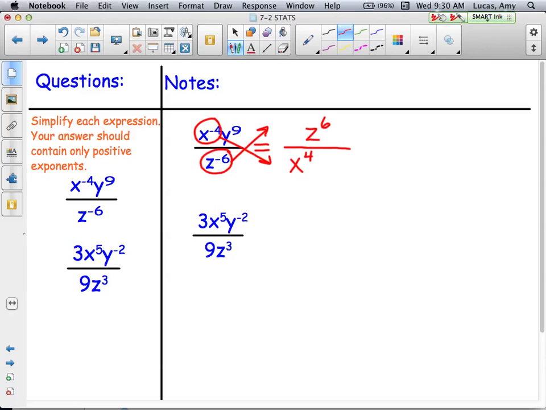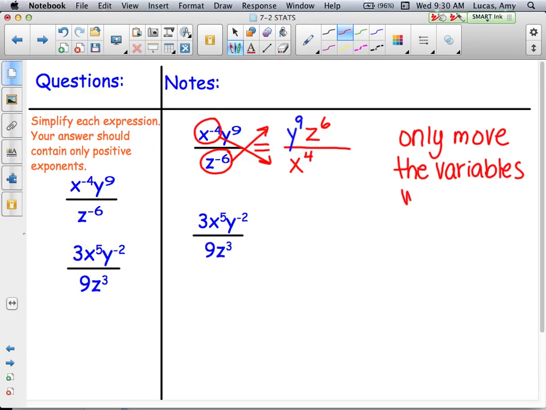And then I have that y to the 9th up on the top already. That gets to stay right where it is, because it didn't have a negative exponent on it. So only move the variables with the negative exponents. And after you move them, they're positive exponents.